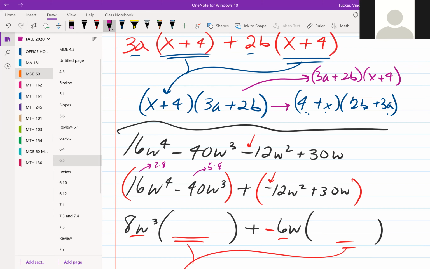I was trying to figure out where you got the 8 from. So we start with the 8. And since one has 4 w's and the other one has 3 w's, the most you can pull out is the 3 w's. Right. So that will leave you with 2w minus 5.